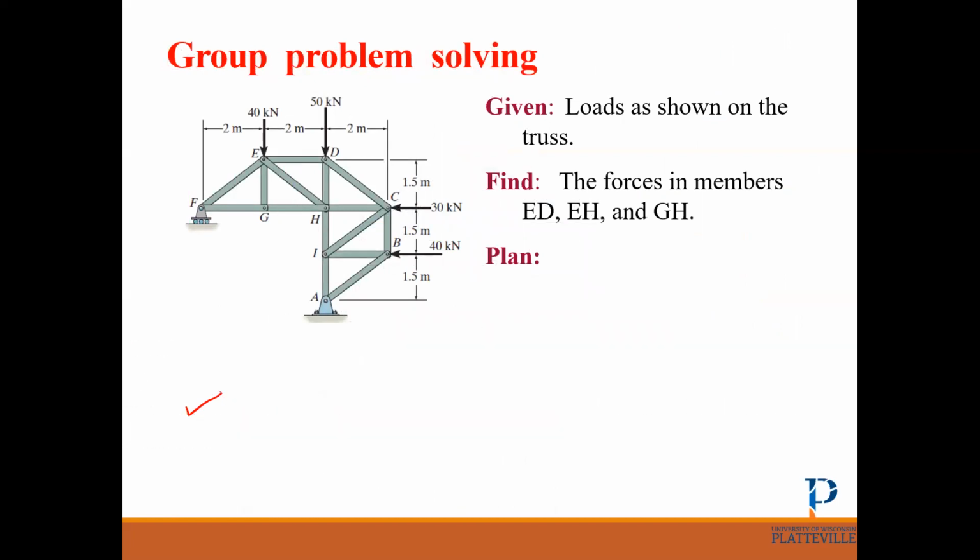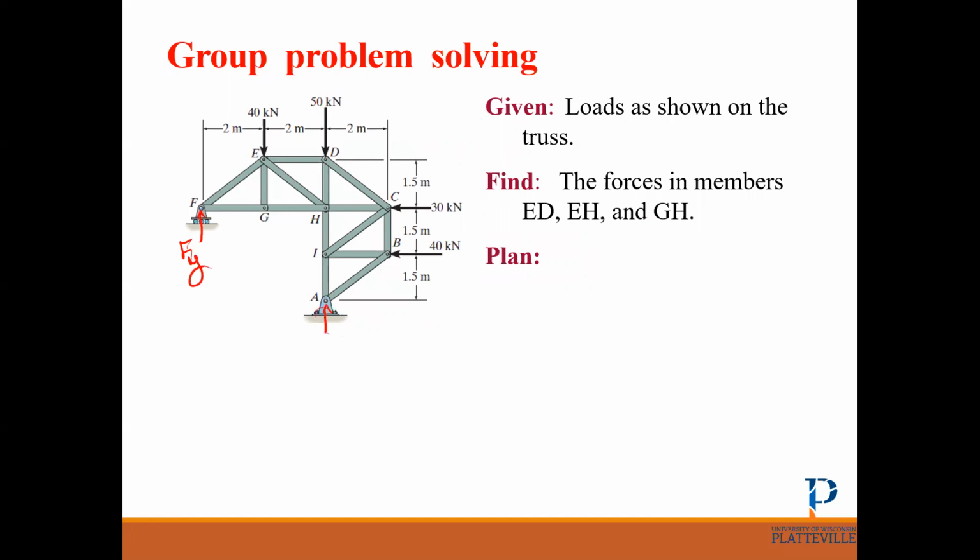So we're going to analyze this truss. All right, so we have 40 kilonewton, 50 kilonewton, 30 and 40 kilonewton external loads. We have a roller here that has only one reaction, Fy.